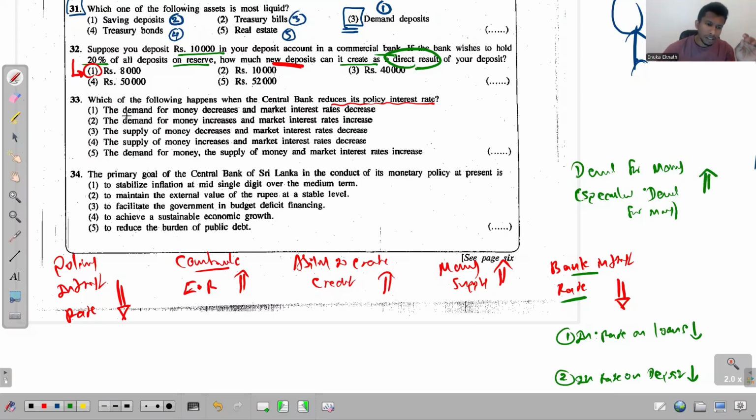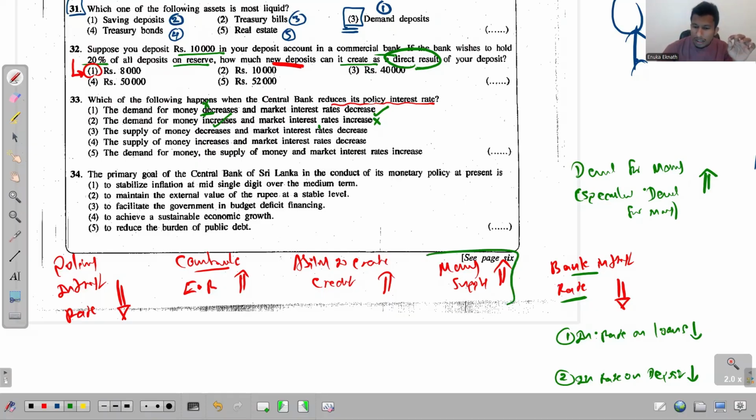එතකොට first option says the demand for money decreases, so that it's wrong, and the market interest rates decrease. This is true, but the first part is wrong. Second part says the demand for money increases, yes, and the interest rates increase. No, that's wrong. The third one, the supply of money decreases.